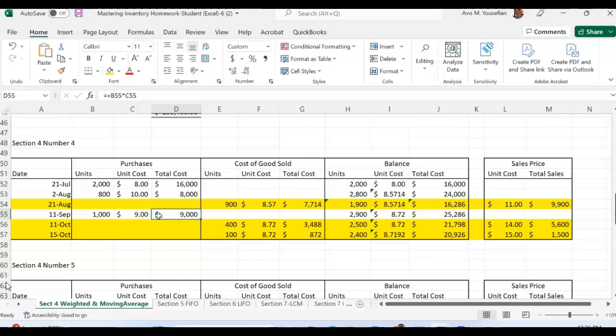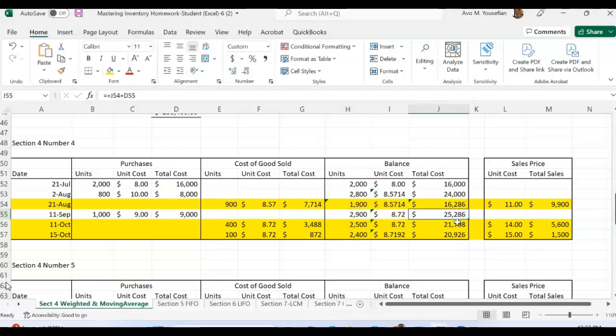So we go to this line. We say this line equals whatever we had before, which is 1,900 units, plus 1,000. That gives us 2,900 units, right? 2,900 units.